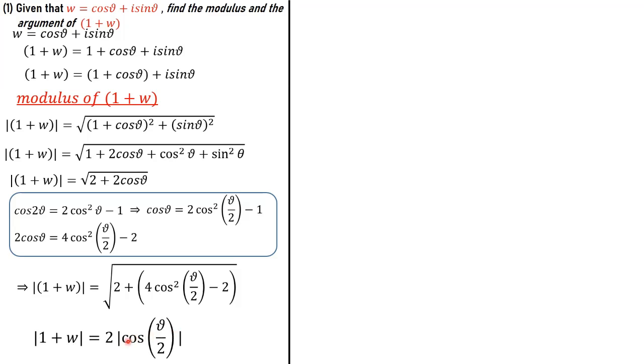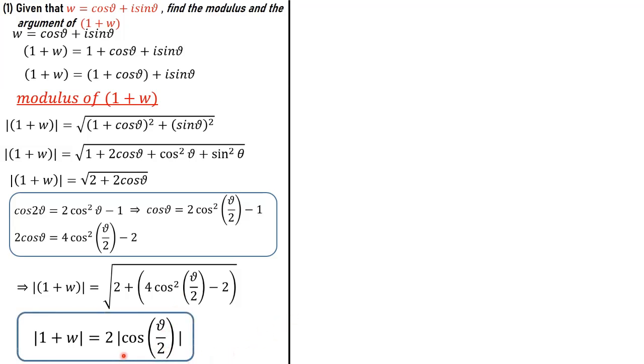So further simplifying, we know that these 2 are going to cancel with these 2. So we are going to get the square root of 4 cos squared theta divided by 2, and taking the square root, we are simply going to get 2 times the absolute value of cos theta divided by 2. Why? Because if we take the square root of cos squared theta divided by 2, we get the absolute value of cos theta divided by 2, obviously.